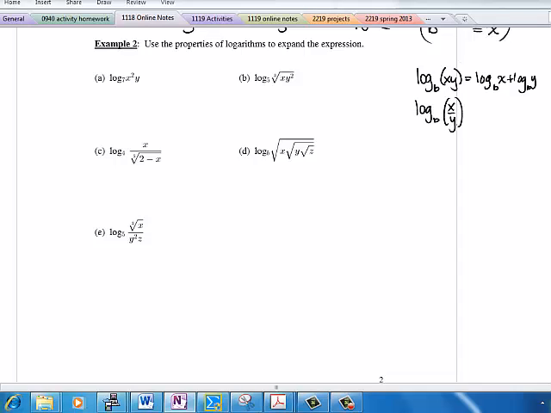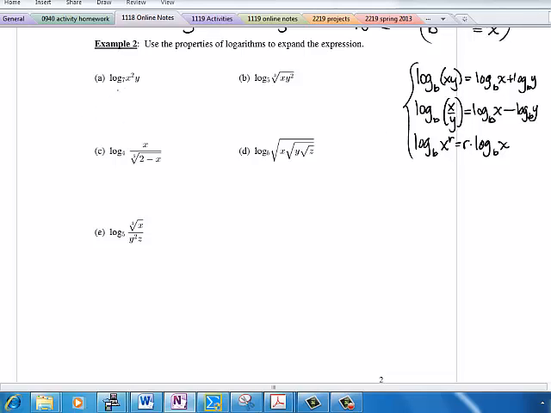Log base b of a quotient is the log base b of the numerator minus the log base b of the denominator. And the log base b of x to a power is that power times the log base b of x.